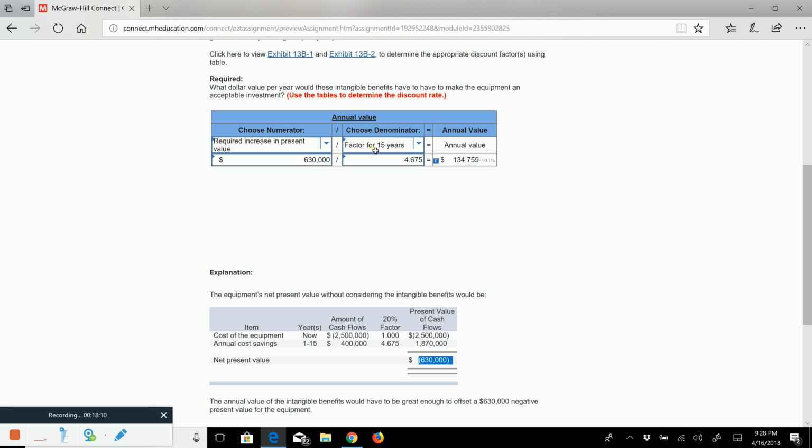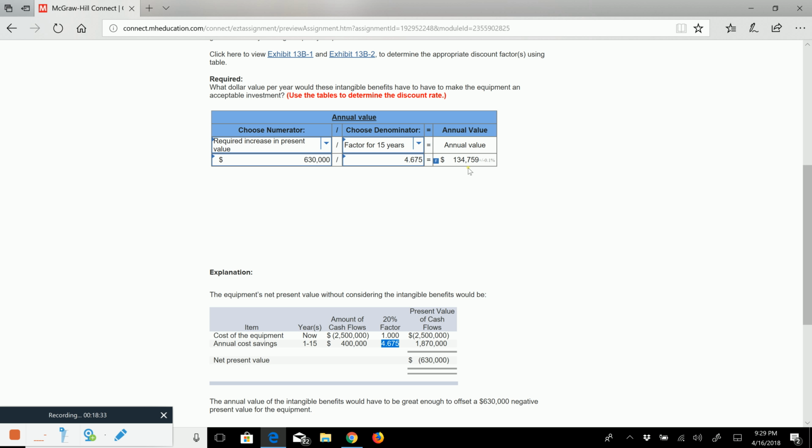Your denominator is the factor that we used, and here's the factor, the 4.675. So taking the 630,000, factoring it over 15 years, 4.675, the annual value of the intangible benefits is $134,759.